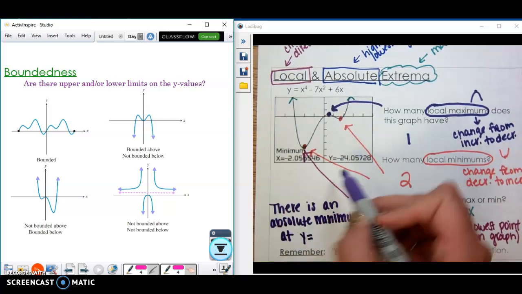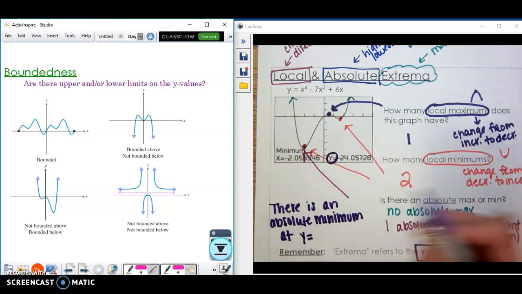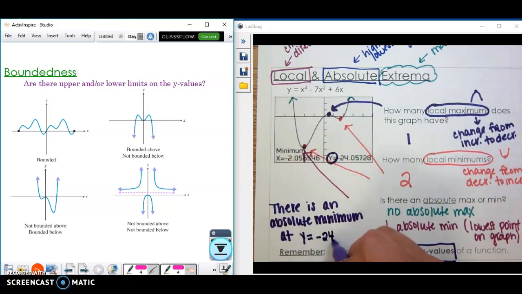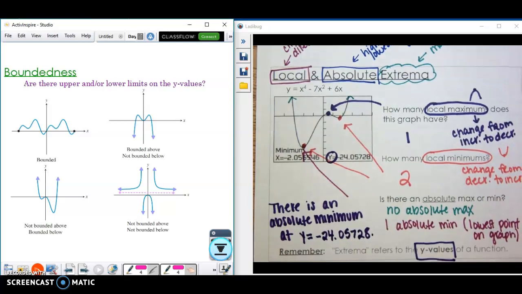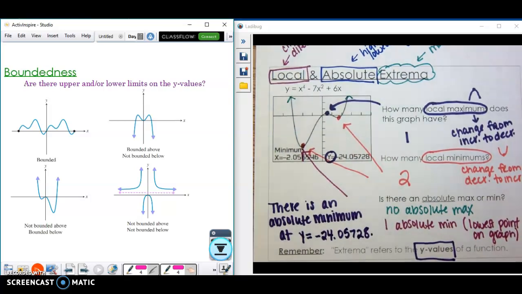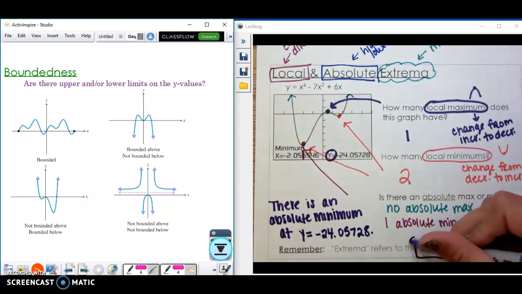Well, remember they told us this point, so we would use this y value here, which is negative 24.05728. So whenever you're referring to absolute max or min or local max or min, make sure you're using the y values. That's different than the intervals that we looked at earlier.